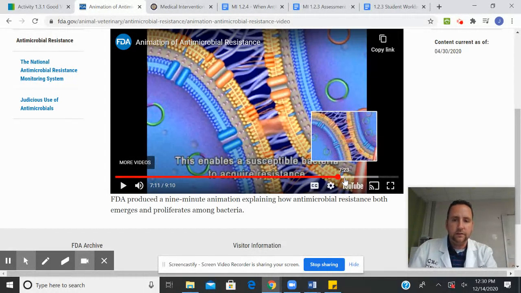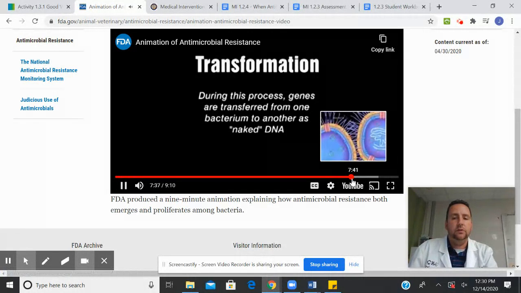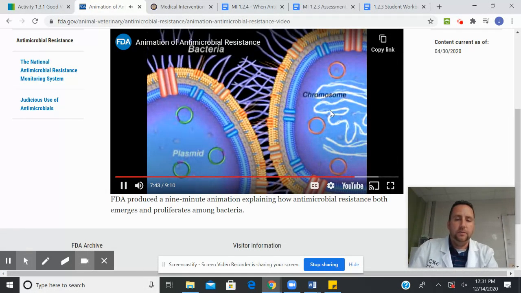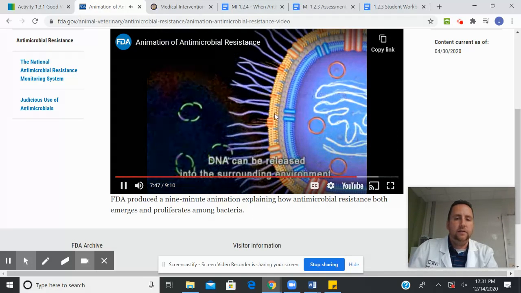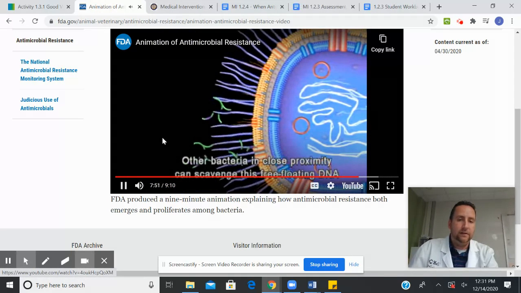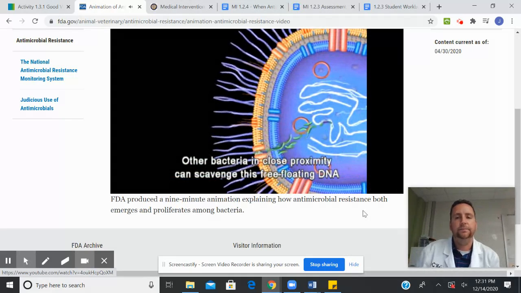And then we have, to skip ahead, transformation. Transformation is where naked DNA is transferred from one bacterium to another. And so it's usually in the process of consuming another bacterium. So you have two bacteria, there's the chromosome, okay? And what happens is this bacterium destroys another or eats another, or the other bacterium dies and breaks down, and now it's taking in this DNA.